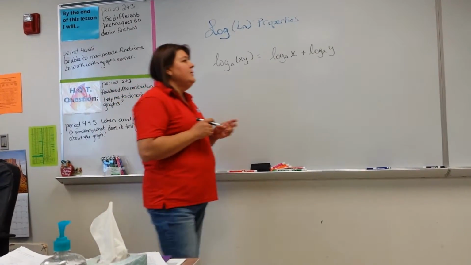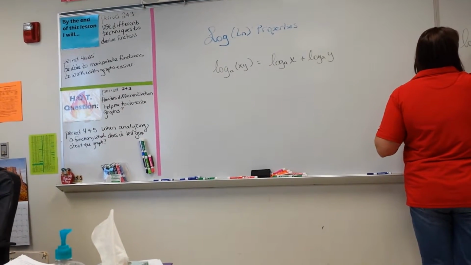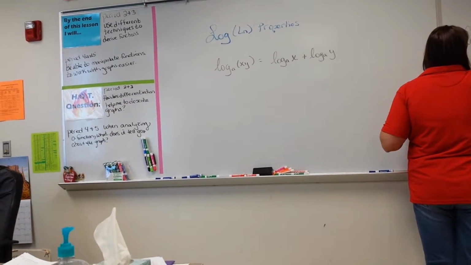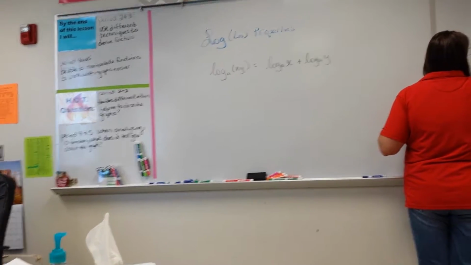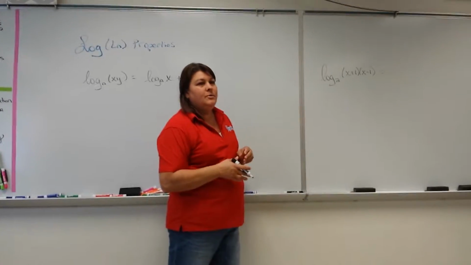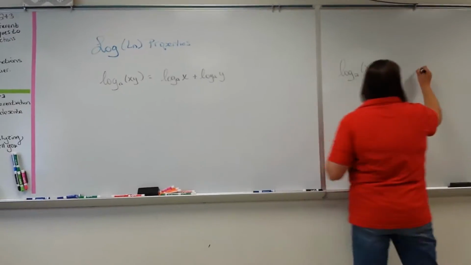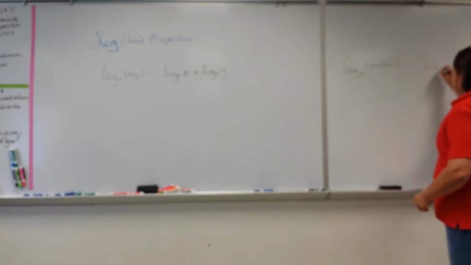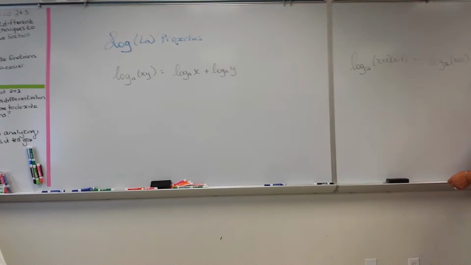Okay, and we'll do a concrete example of that. So for example, the log base 2 of x plus 1 times x minus 1 can be rewritten as log base 2 of x plus 1 plus log base 2 of x minus 1. That's exactly right.